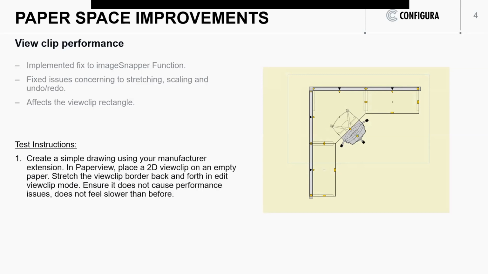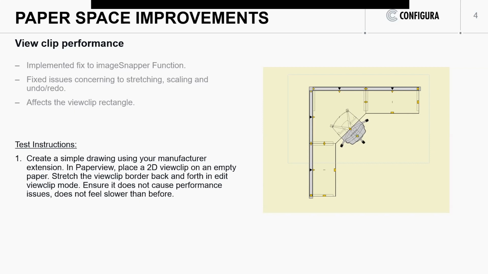To ensure that this does not introduce any new defect, we recommend the following test instructions. The first one: by using your manufacturer's extension, create a simple drawing, and then go to paper view and place a 2D view clip on an empty paper.